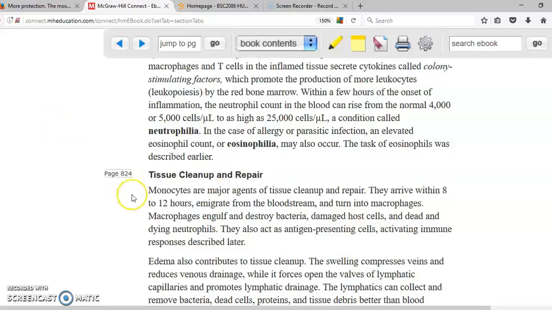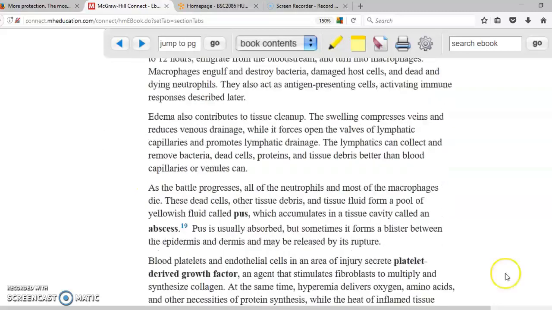So basically, the macrophages are the ones in charge of cleaning up the area where we had the infection. If we keep scrolling down, the repair is going to start because the platelets are going to provide platelet-derived growth factor that eventually is going to stimulate the fibroblast to produce more fibers in order to repair the area that was damaged due to the infection.